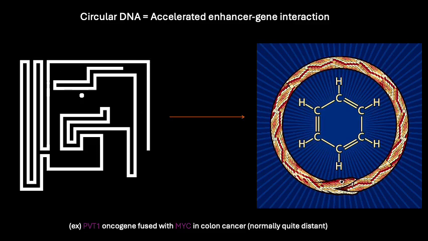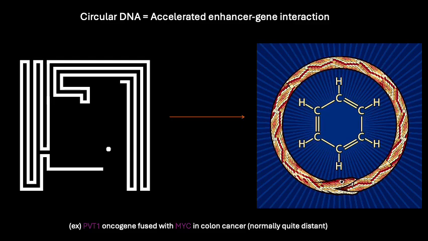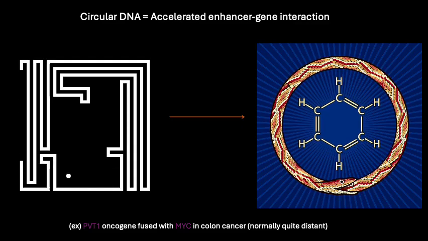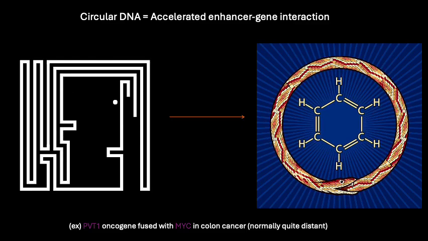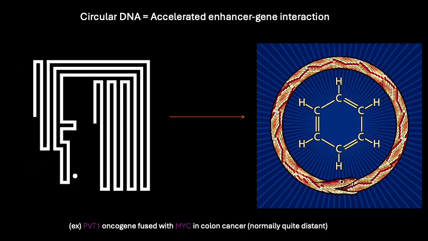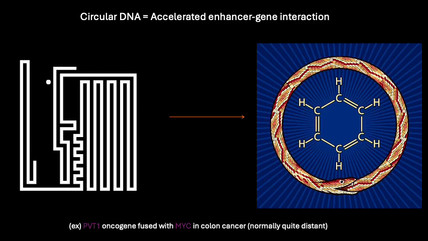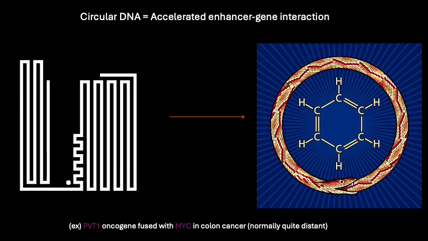An example of this is a specific enhancer called PVT1, which normally is found on a different chromosome from MYC, the classic oncogene I talked about. But in colon cancer ecDNA, it's been found that PVT1 tends to be fused with MYC in the same circle. Because of this physical proximity, this allows for increased MYC transcription within ecDNA, and that only increases the oncogenicity of some colon cancers.